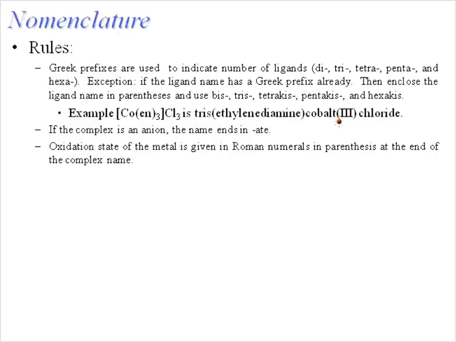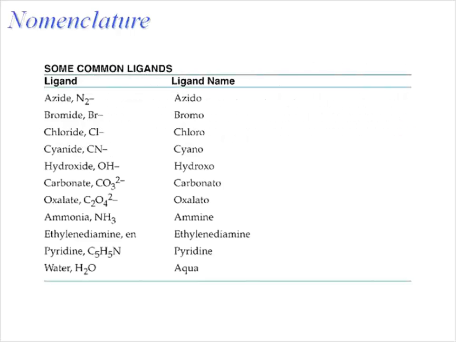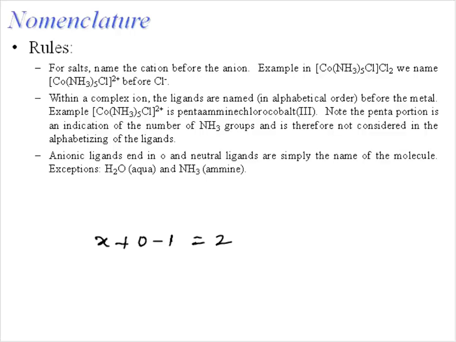Then its oxidation state. That's the complex part. And then this part, anion. Cation before anion.